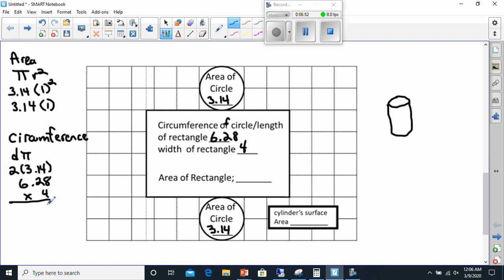Well, 8 times 4 is 32. I'm going to leave a 3 up here. 2 times 4 is 8, 9, 10, 11. So that's going to put 1 there and 1 back up here. And that's going to give me 24, 25. 25.12 will be my area.